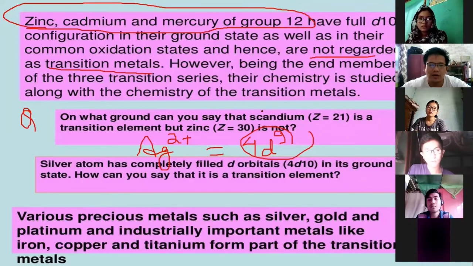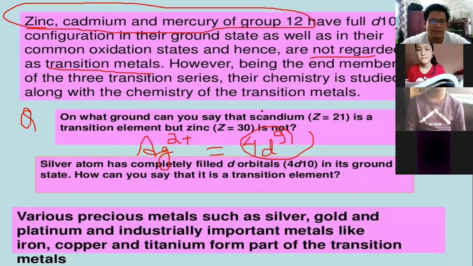But one more important point you have to remember, there are many precious metals such as gold and silver, called noble metals. These noble metals are very precious.